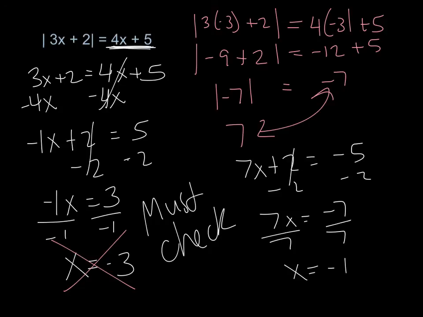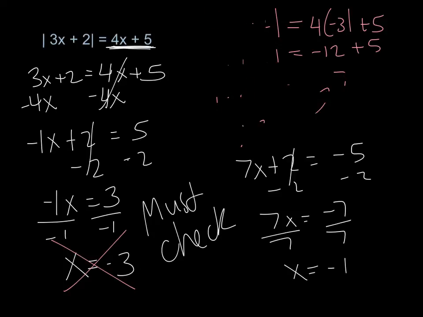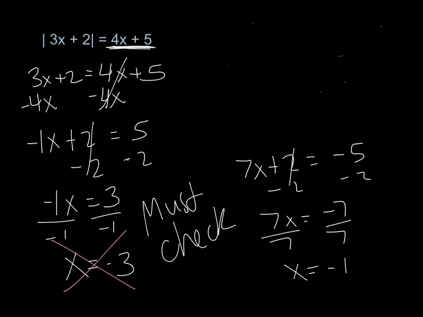And then we're going to do the same thing with this other one. So I'm going to erase my work here. And this time I'm going to plug in my negative 1. All right. So absolute value of 3 times negative 1 plus 2, does that equal 4 times negative 1 plus 5?